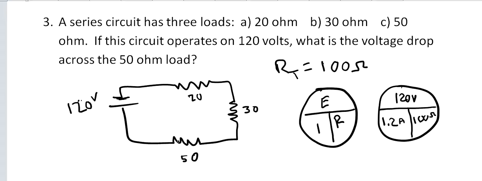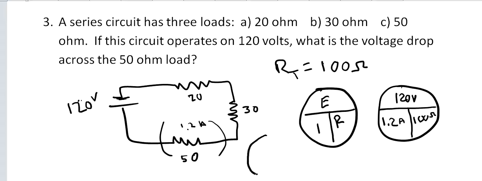Now, the question is, what is the voltage drop across this resistor? Well, if we know that 1.2 amps is flowing through it, then we could use Ohm's law and apply it just to this resistor.